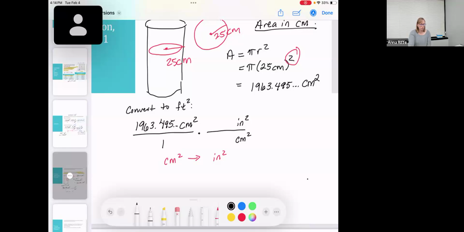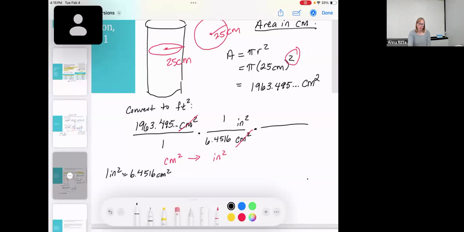That conversion factor we just found said that, let's see, what did it say? I wrote it down. Said that 1 square inch is equal to 6.4516 square centimeters. So I'm going to put the 1 by inches, 6.4516 by the centimeters. So it gets rid of centimeters.